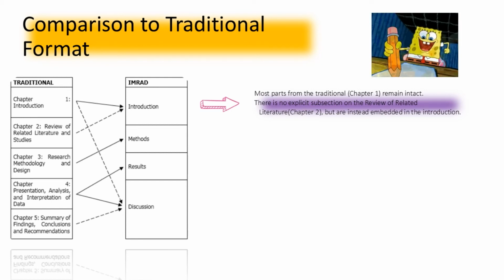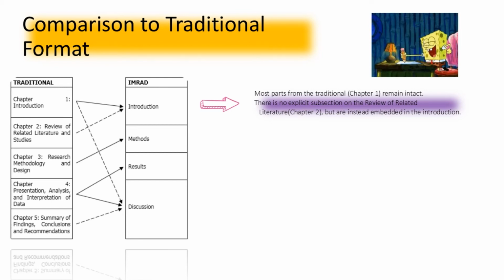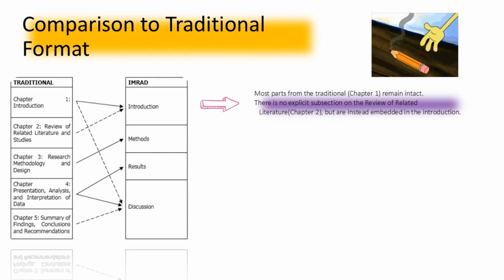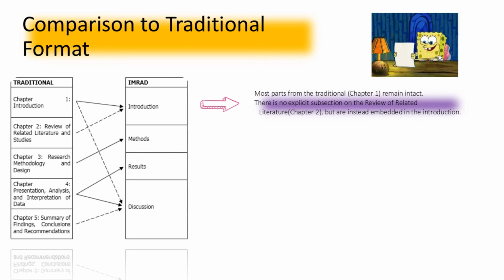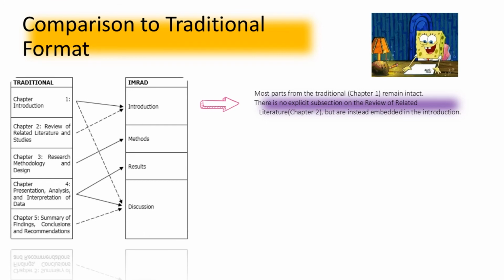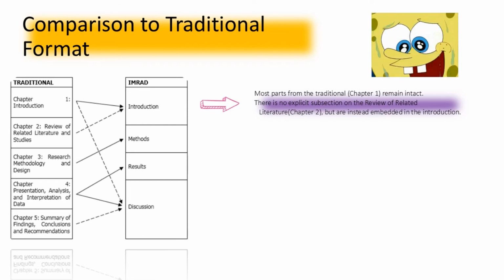Now, chapter 5 in your traditional method, which involves the summary of findings, conclusions, and recommendations, may be put in your discussion, or if you want to put it in a separate paper, like in your conclusion part, it can be inside the discussion or after the discussion.